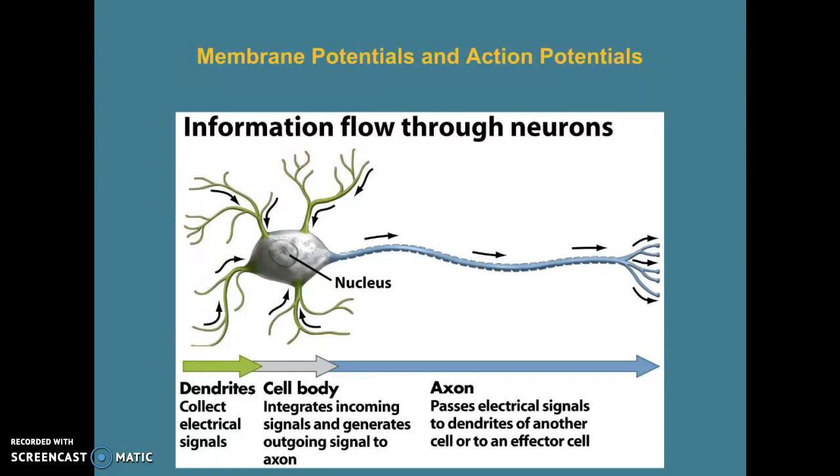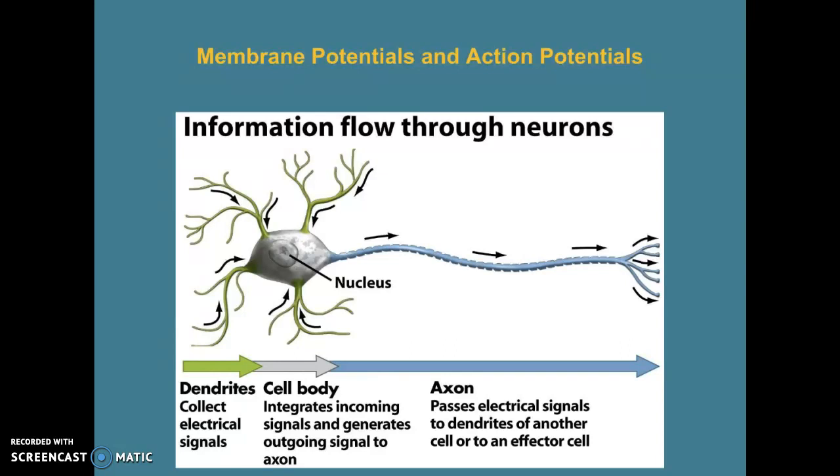So now we've got the threshold potential being reached and a voltage-gated sodium channel opening at the axon hillock. And that's going to cause sodium to rush in, cause a depolarization, which will cause more voltage-gated sodium channels to open, which will cause a depolarization, which will cause more sodium channels to open. And so that's going to create an all-or-nothing situation, or an action potential, which will travel down undiminished to the end of the axon.